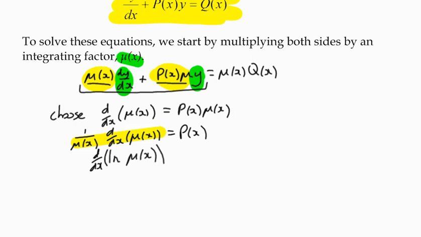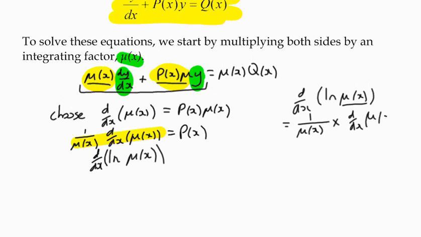Let's just check. If we differentiate the log of mu of x, that gives us 1 over mu of x multiplied by the derivative of mu of x, which is exactly what we've got here highlighted in yellow.